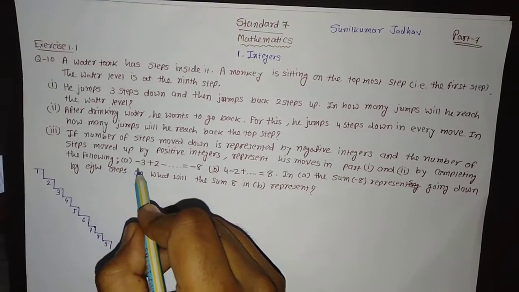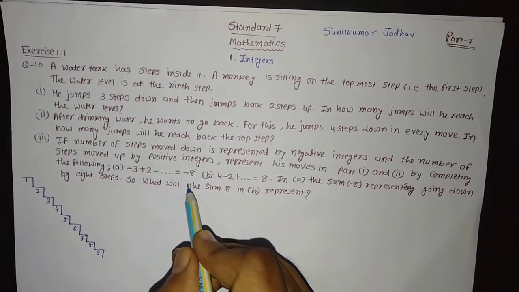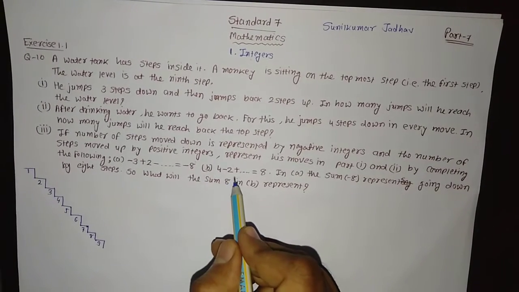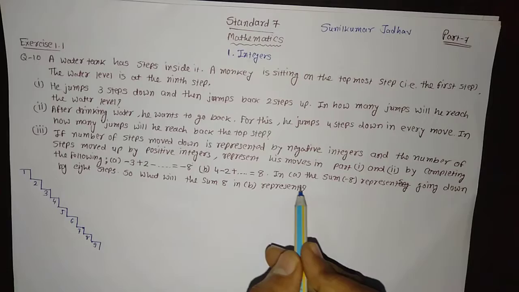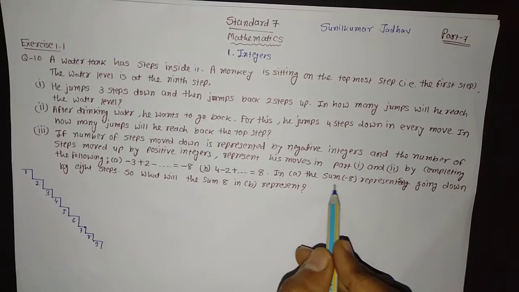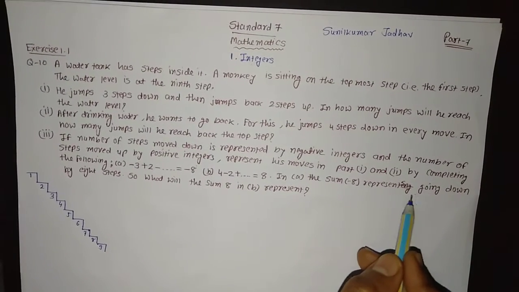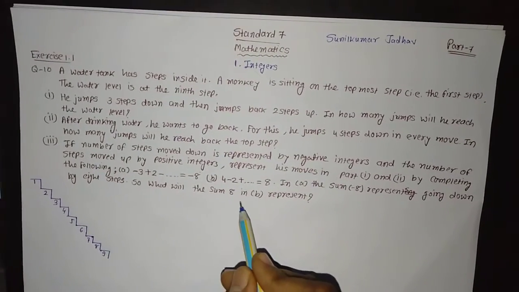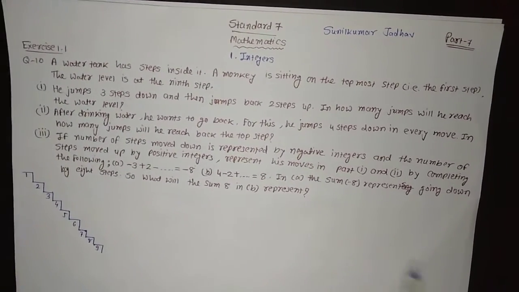A: minus 3 plus 2, and so on, equals minus 8. B: 4 minus 2 plus, and so on, equals 8. In A, the sum minus 8 represents going down by 8 steps. So what will the sum 8 in B represent?